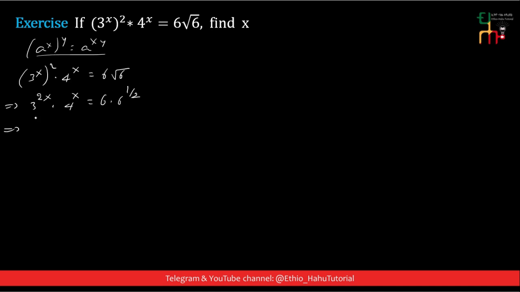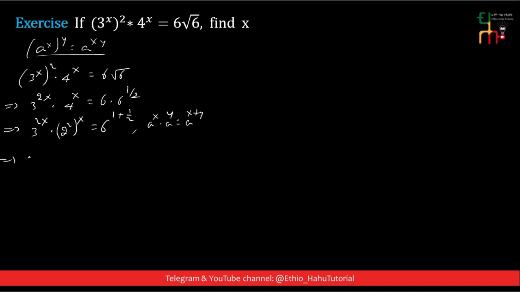This implies 3 to the power of 2x times 4, which is 2 to the power of 2, raised to x, is equal to 6 to the power of 1 plus 1 over 2, because a to the power of x times a to the power of y is simply a to the power of x plus y.